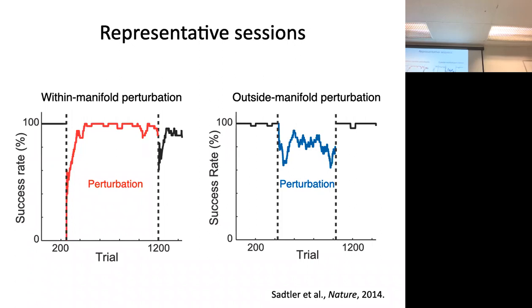And for each of those candidate perturbations, we predicted how initially easy or difficult it would be for the animal. The reason it was important to do this prediction was that if right after we switched the mapping the animal would perform 100% correct, then there's no learning to be had, and that would not be an interesting experiment.